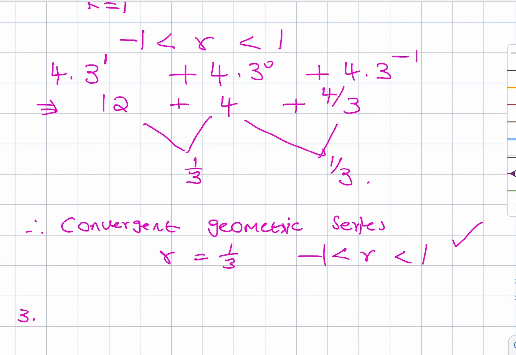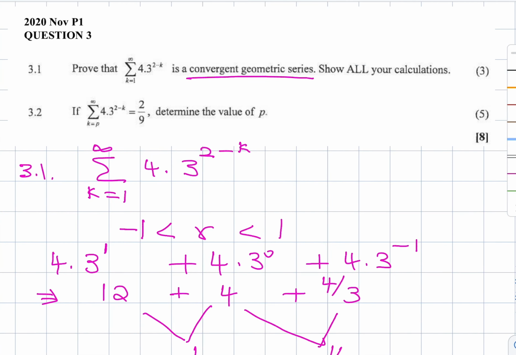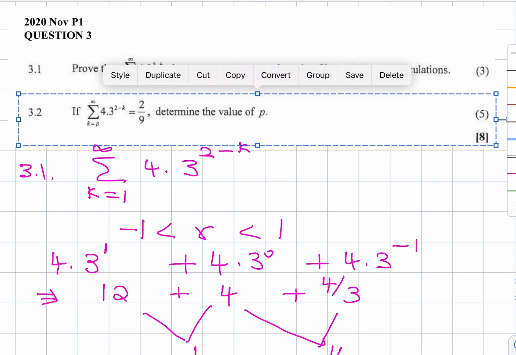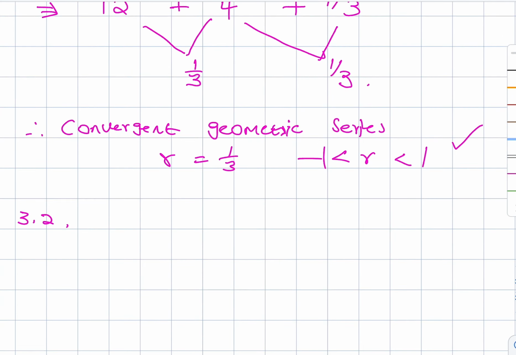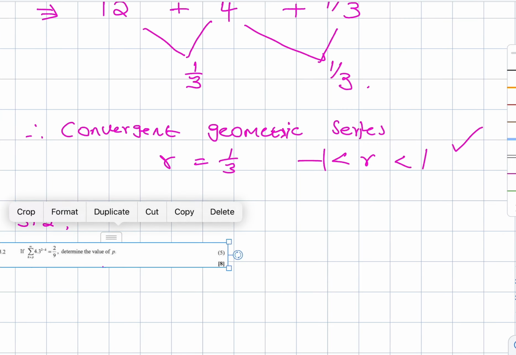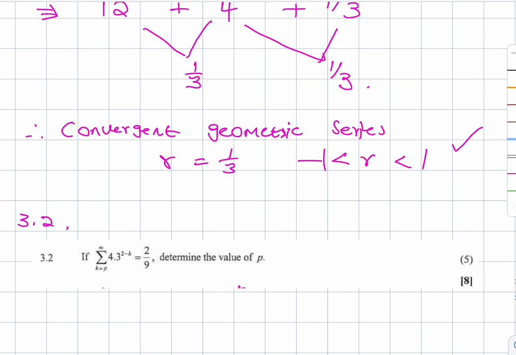And then question number 3.2. Let me bring that question. Okay. So question number 3.2. They say now, if this series is equal to 2 over 9, determine the value of p.